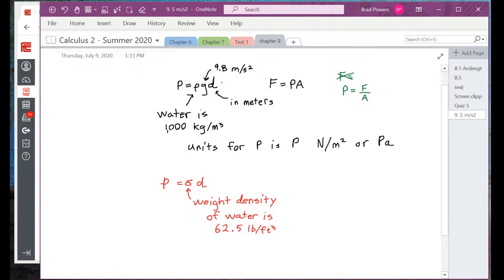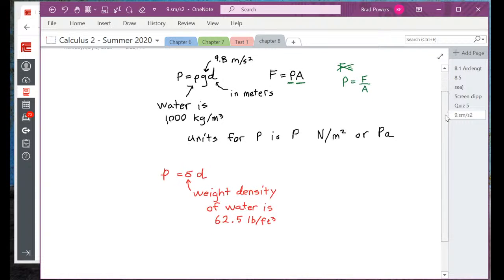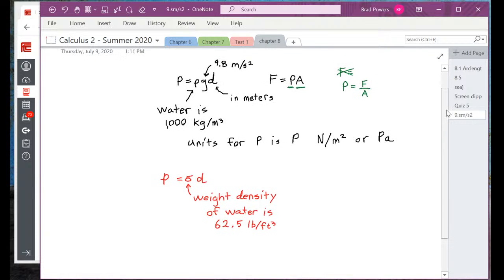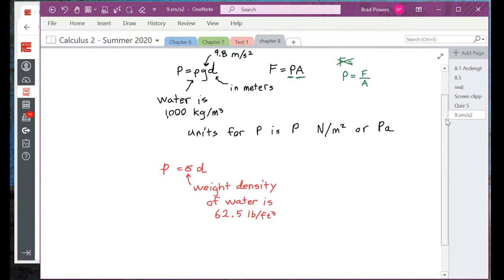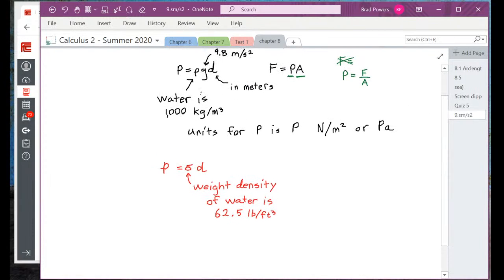Yes, this will get us our pressure. Now here, like I said, take this and solve for F. Force is pressure times area, and this is mostly what we're going to use to set up integrals. And I just want to show you this as an alternate method to solving these hydrostatic force problems to the other videos that we have.